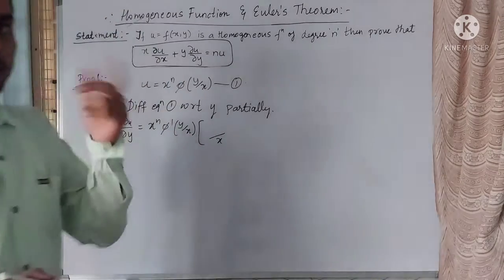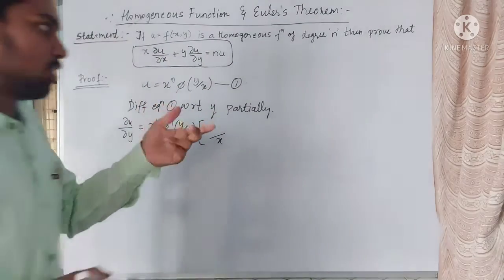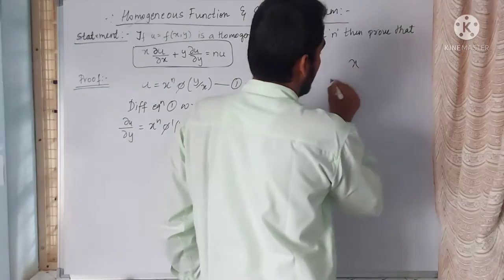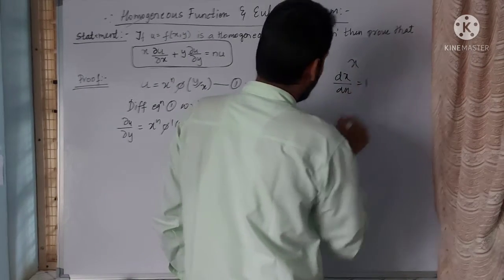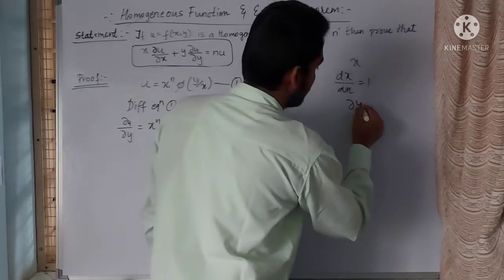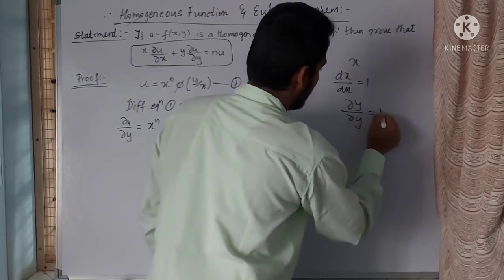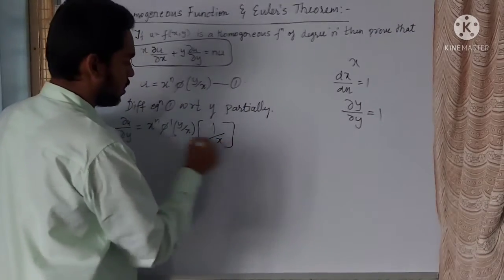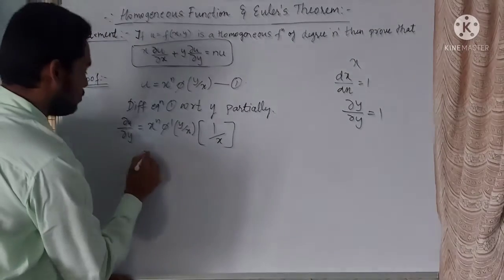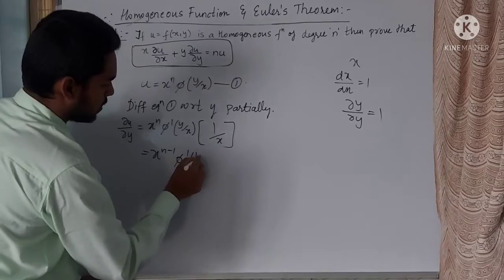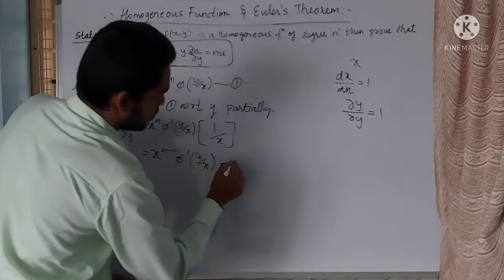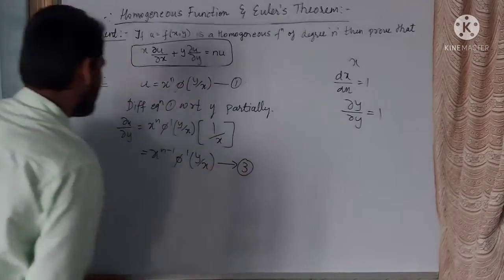And differentiation of anything with respect to that term itself becomes 1. If it is x and you differentiate with respect to x, then it becomes 1. So here I am differentiating y with respect to y, so it becomes 1. So it remains just 1. This x will come above using the laws of indices. So this is equation number 3.